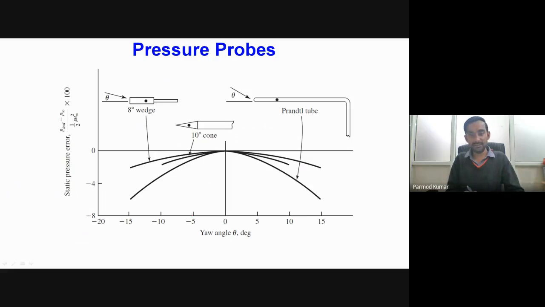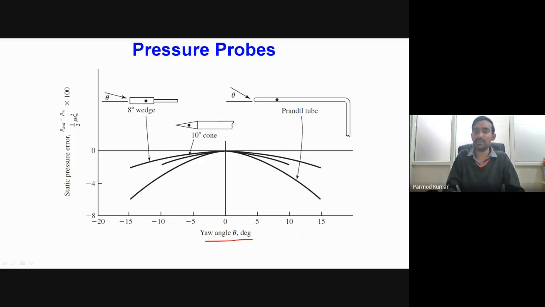Then this particular situation once again refers to the value of static pressure error. This is the error in our static pressure, and over here we are referring to the variation of the static pressure with yaw angle. This is given for three different types of pitot tube: one is the cone type pitot tube, then the wedge type pitot tube, and third is the Prandtl tube.